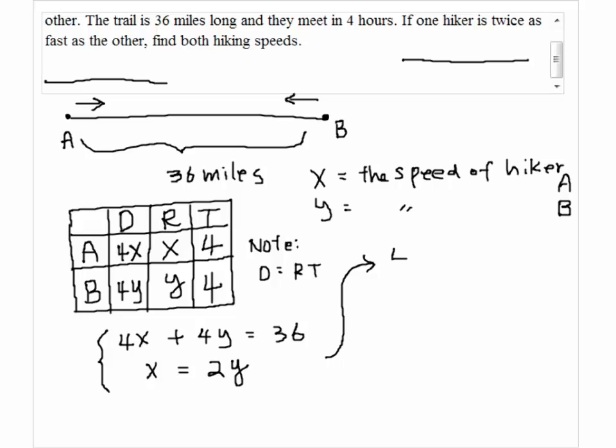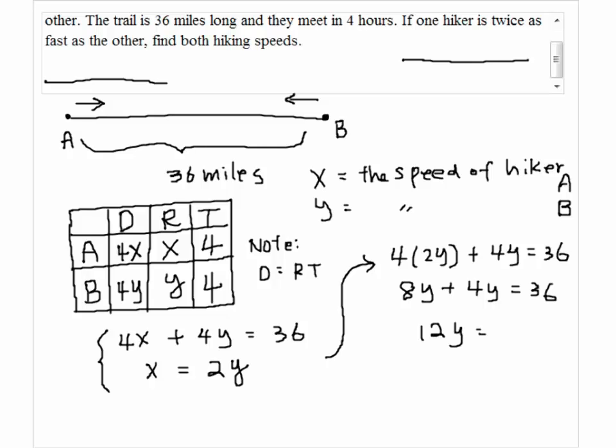By using the substitution method, we have 4 times 2y plus 4y equals 36. So 8y plus 4y equals 36. So 12y equals 36, and y is found to be 3 miles per hour.